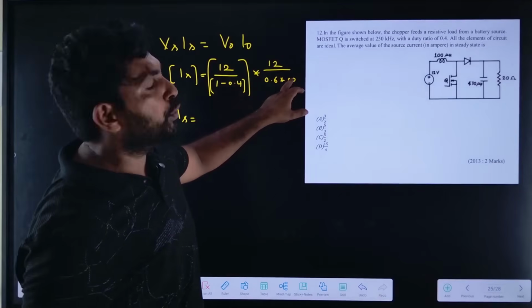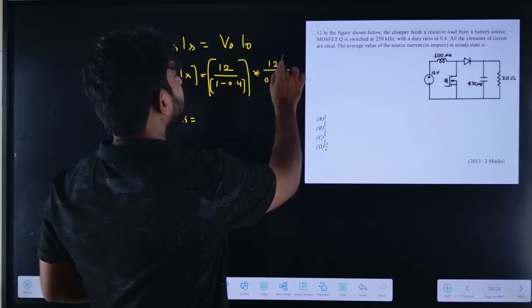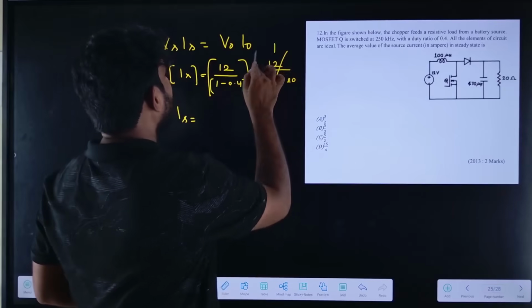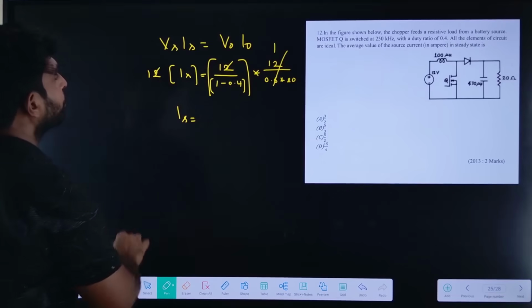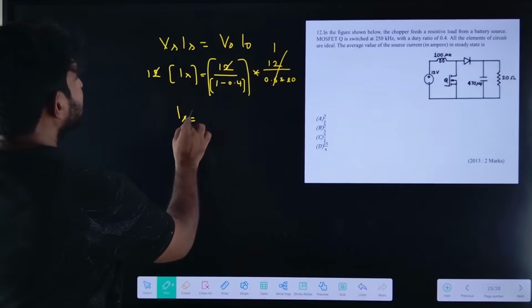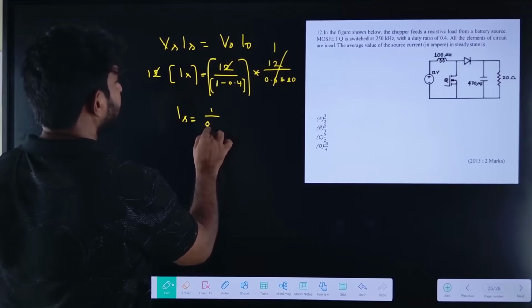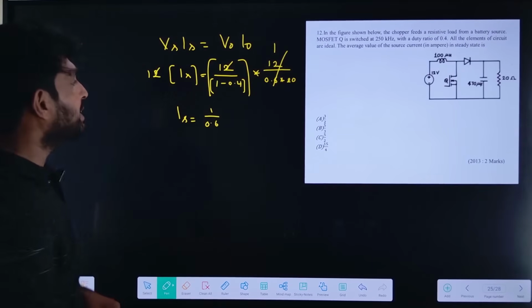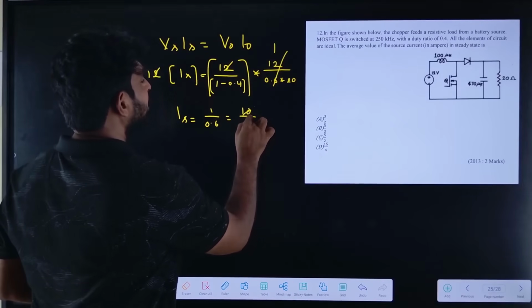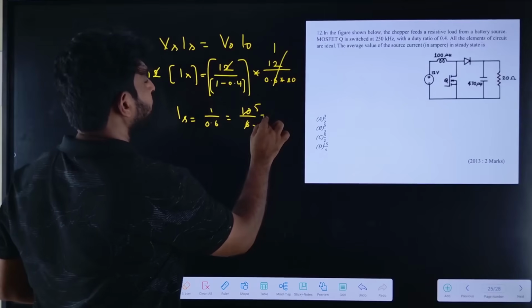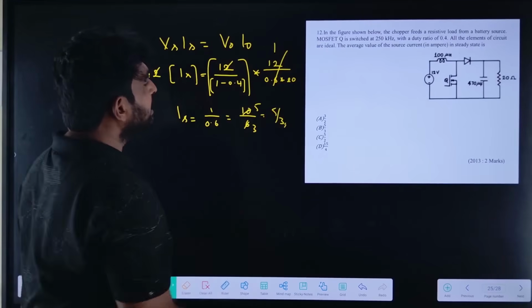If you take 20 into 0.6, it is 12, so it will get cancelled out and it is 1. So Is equals 1 by 0.6, that is 10 by 6, which is equal to 5 by 3. So Is equals 5 by 3.